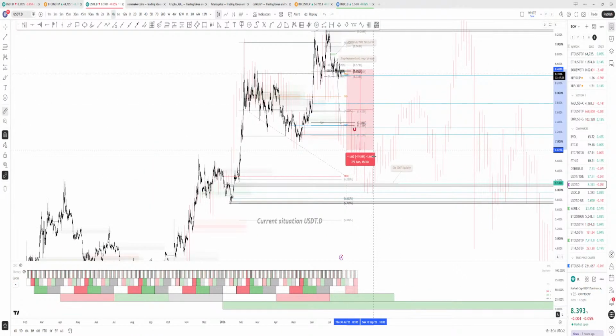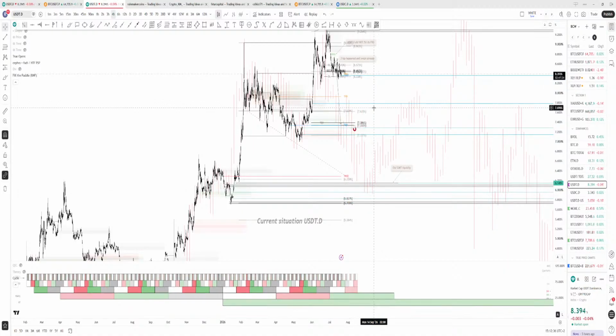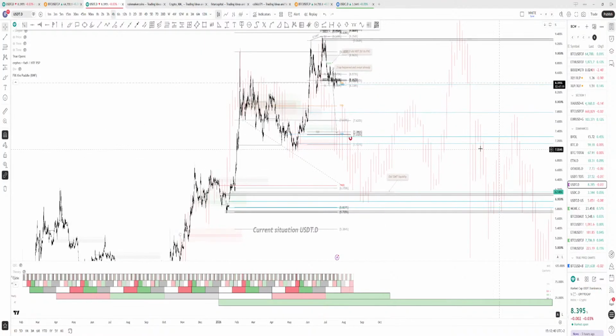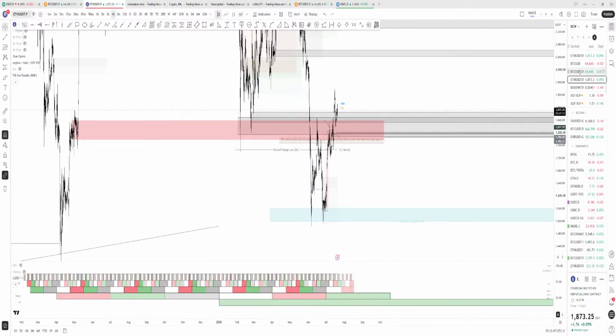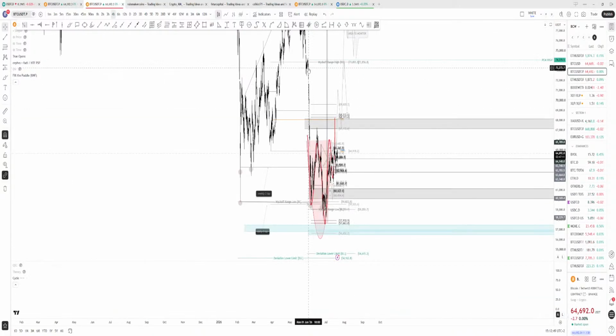So you see, there's a drop of 25% on USDT possible. A minimum of 13%, which would be like, how much would be Ethereum at 2K exactly? And Bitcoin around 72? Yeah, 72.